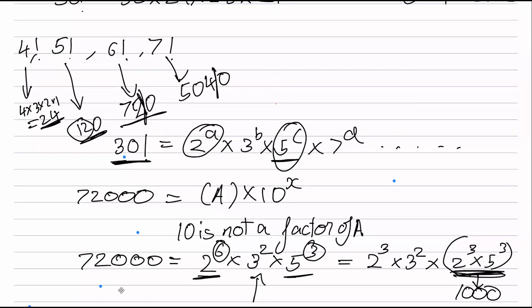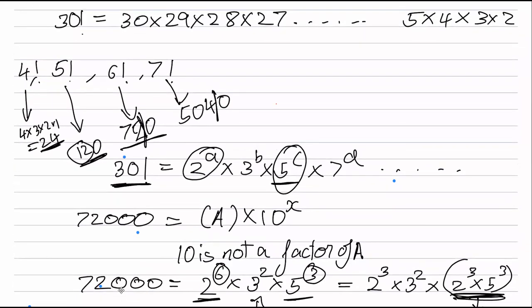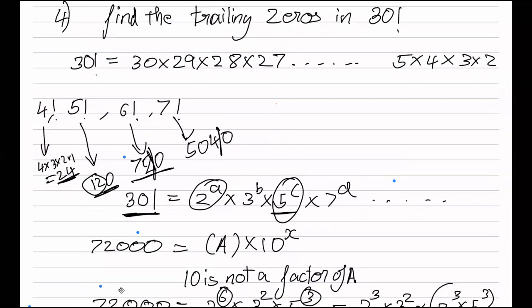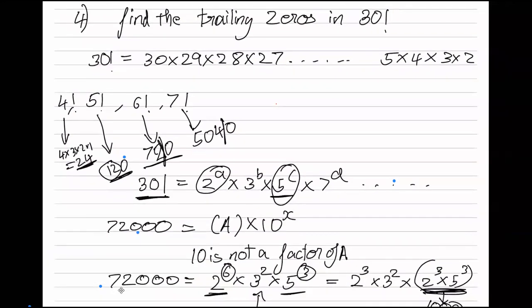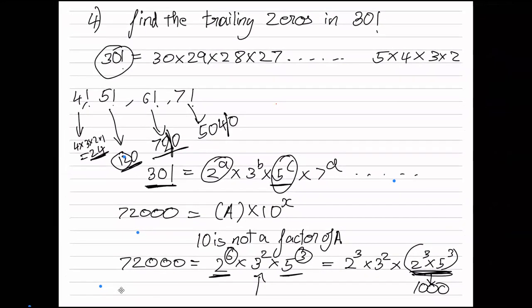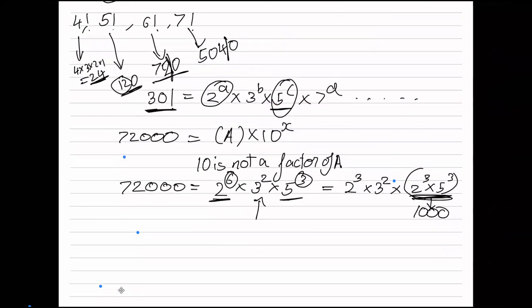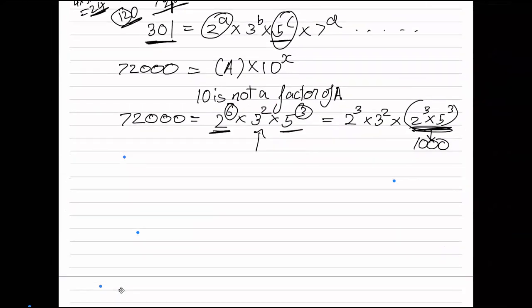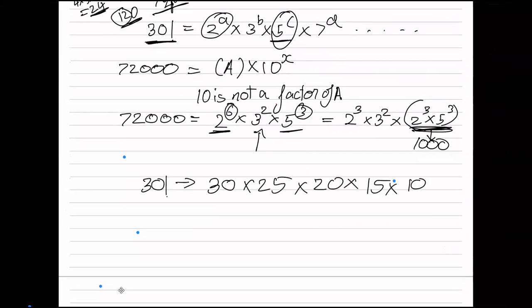This I've just said in a very hand wavy manner, but you can actually prove that however large this factorial becomes, the power of 5s in it will be much smaller than the power of 2s in it. Okay, and from this we can write that 30 factorial has 30, 25, 20, 15, 10 and 5.